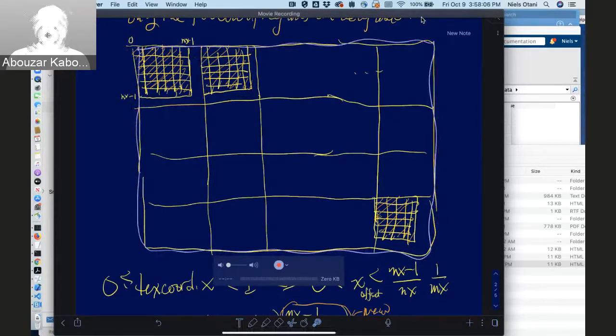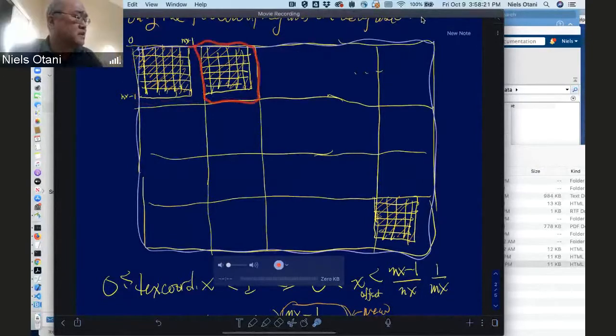So if you're slicing in the z direction, then each one of these boxes contains all the data for a particular value z. So you have all the x, y values for a particular value z stored in this box, and then all the x, y data for another value z stored in the next box.